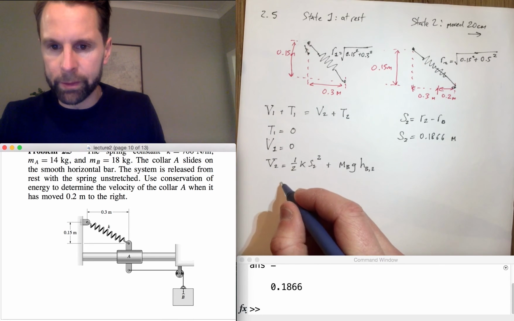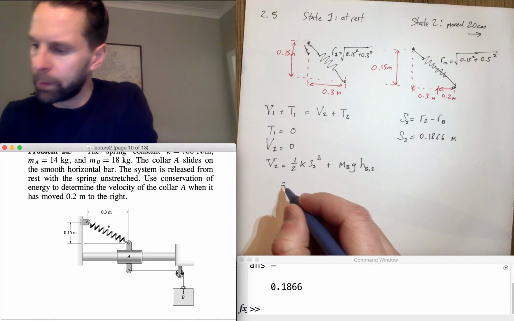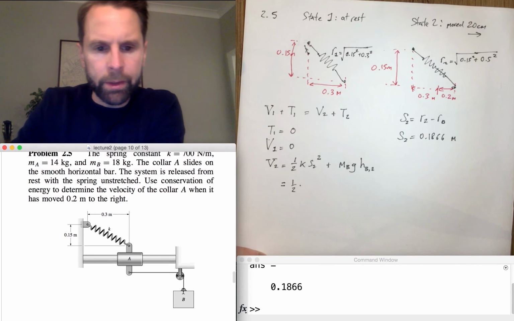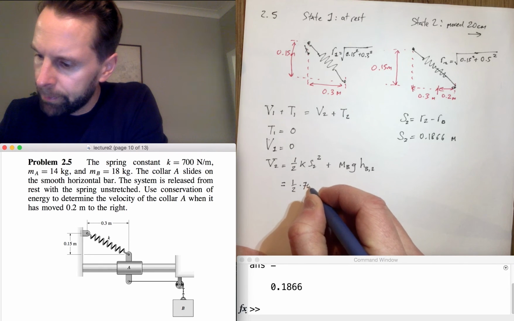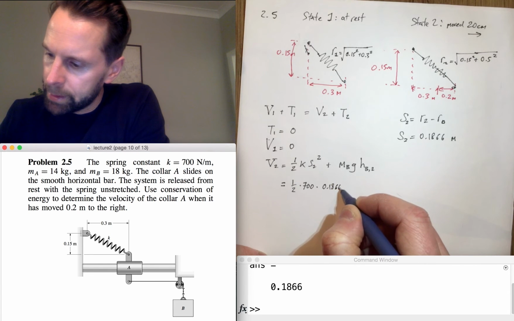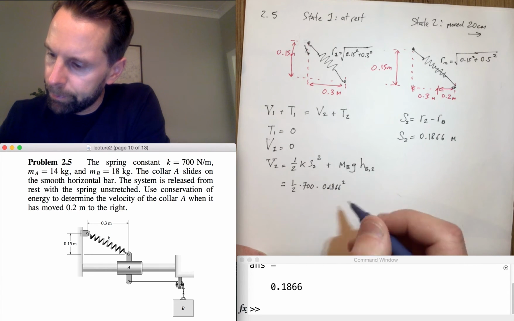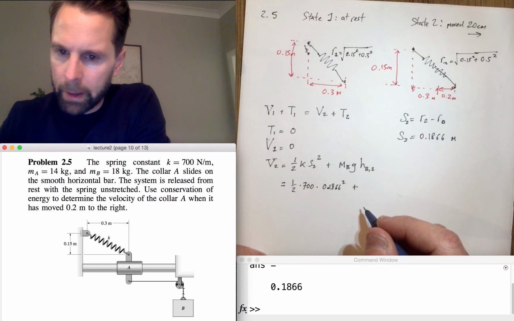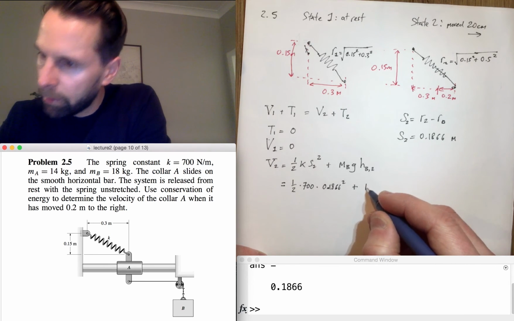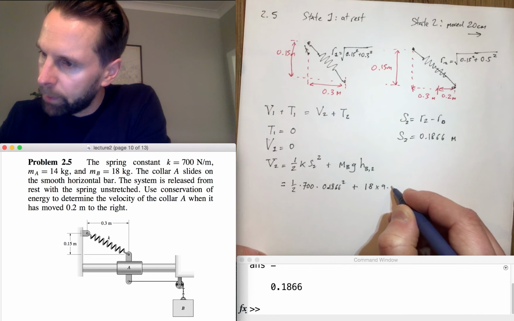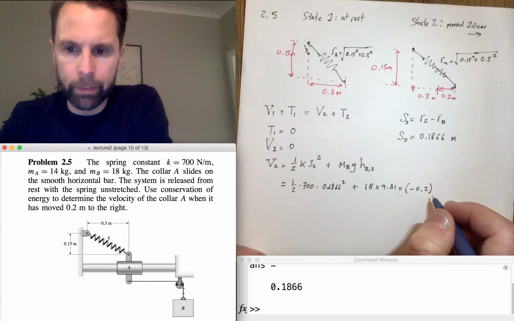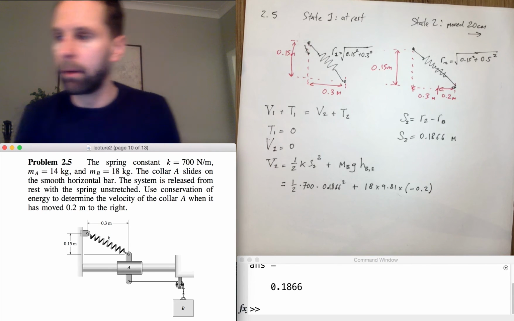So let's put values in now. So we should have half the spring constant, which is 700 newtons per meter, the stretch is 0.1866, and that will be squared, plus MB, the mass of B, which is 18 kilograms, times 9.81 times minus 0.2, because, as I say, it's gone down.